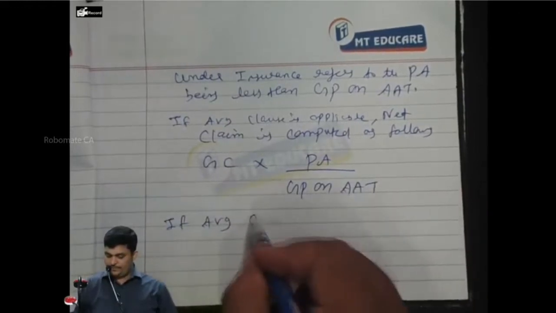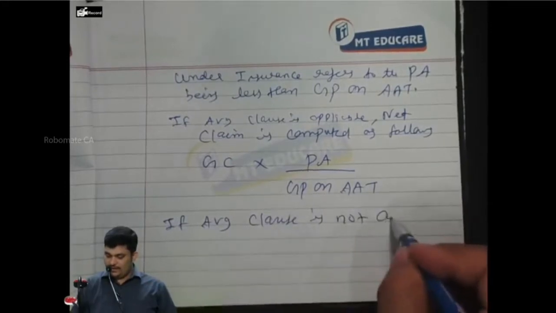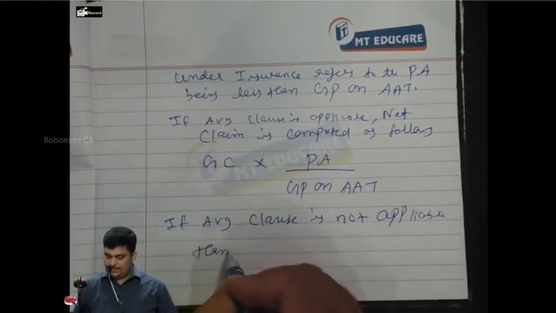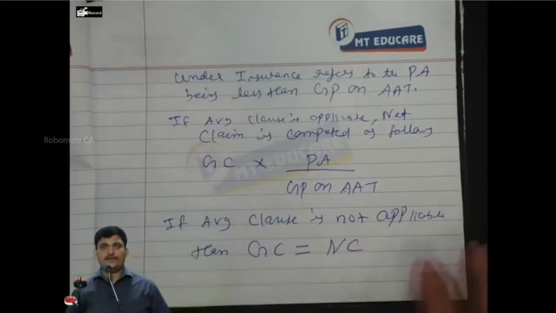If average clause is not applicable, then gross claim equal to net claim.